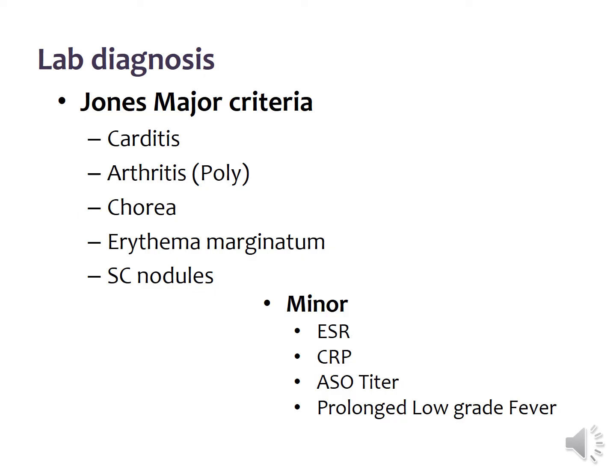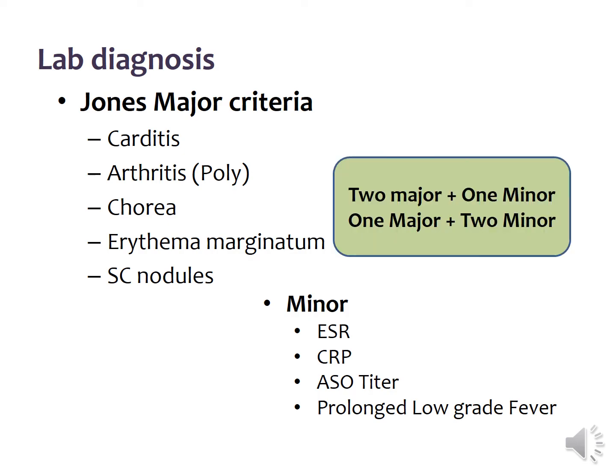Another diagnostic modality for rheumatic heart disease is based on the Jones criteria. Jones major criteria are carditis, arthritis, chorea, erythema marginatum and subcutaneous nodules, and minor criteria are increased ESR and CRP levels, ASO titers and prolonged low grade fever.